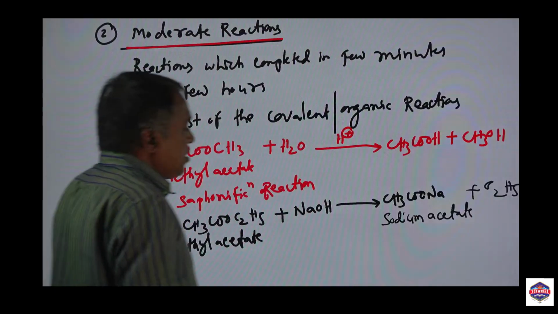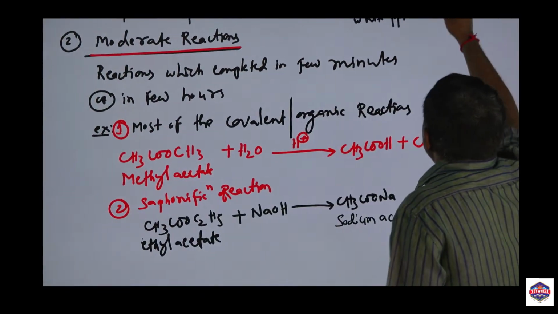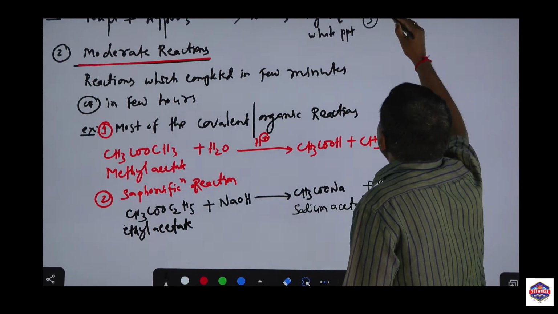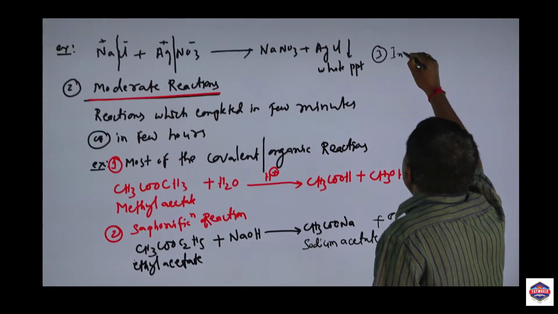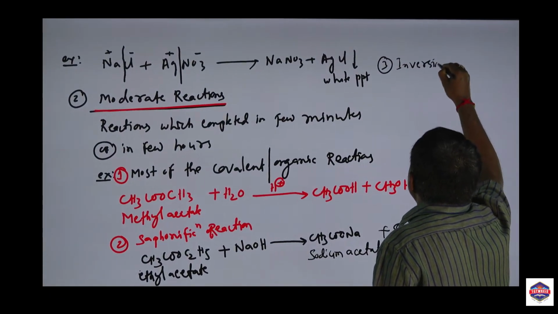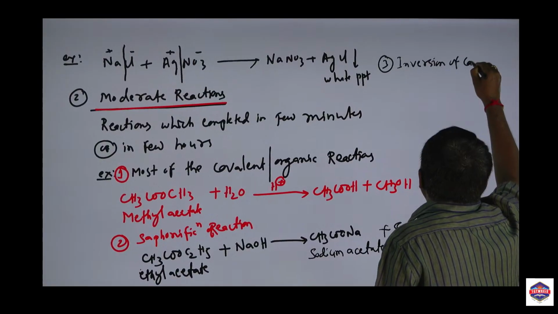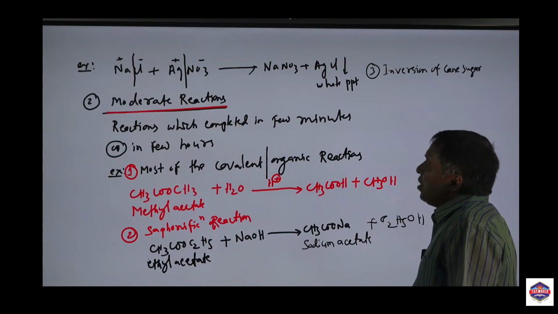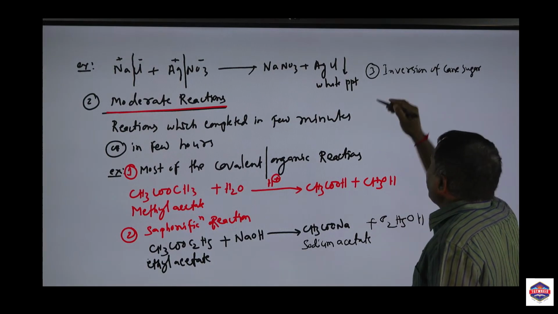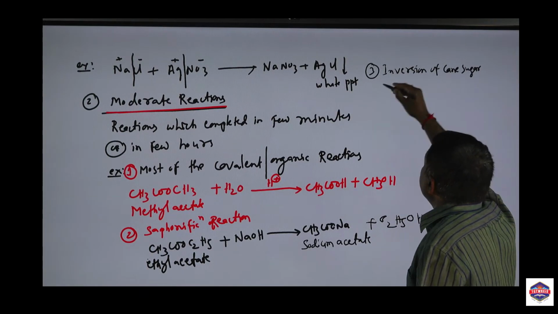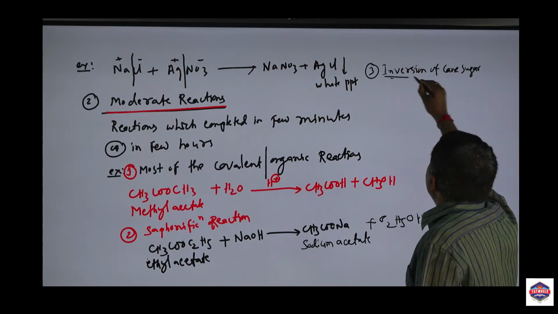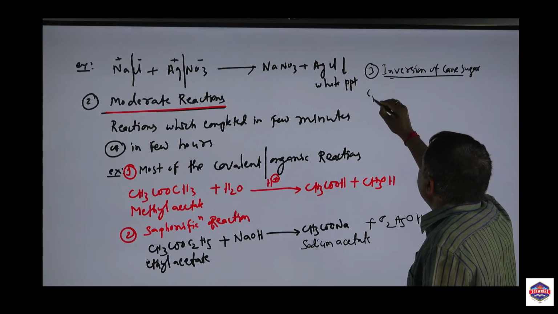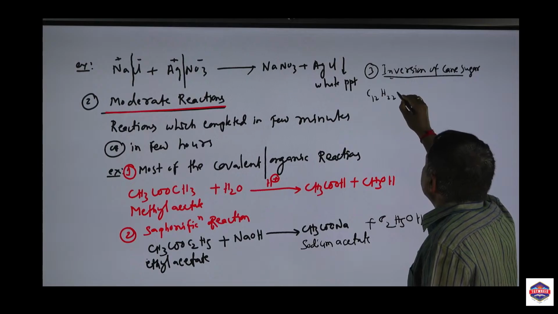And one more reaction, inversion of cane sugar. All these reactions are organic or covalent reactions. That's why they are moderate reactions. Cane sugar is C12H22O11.